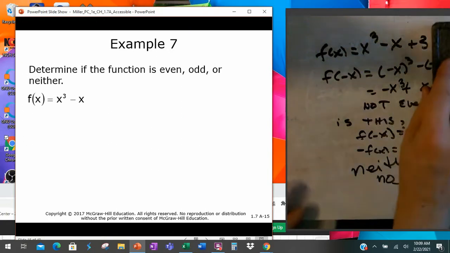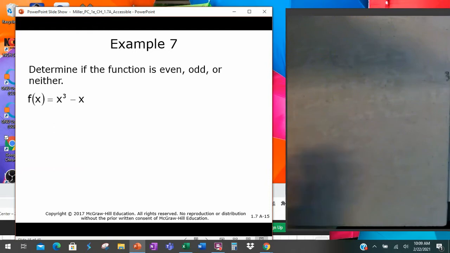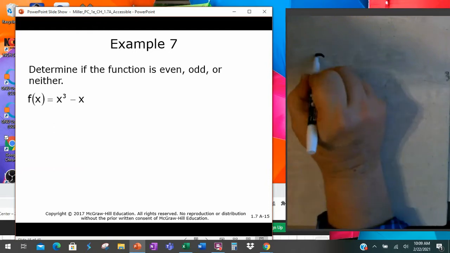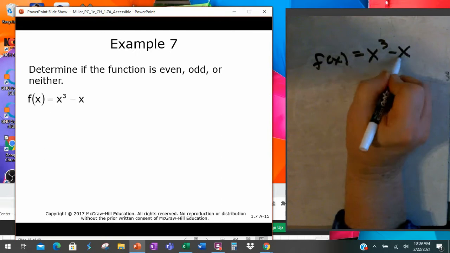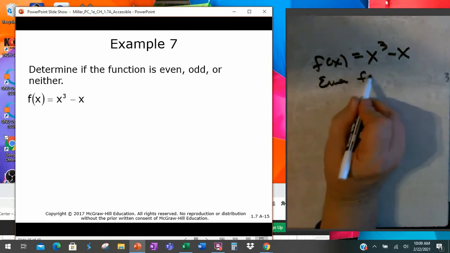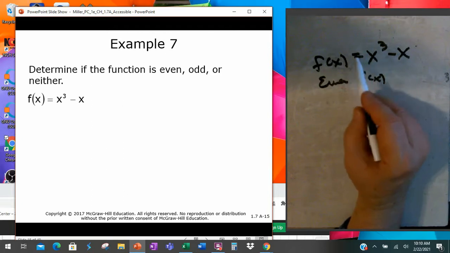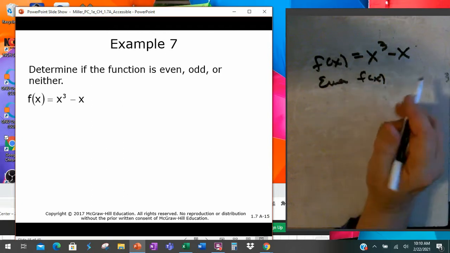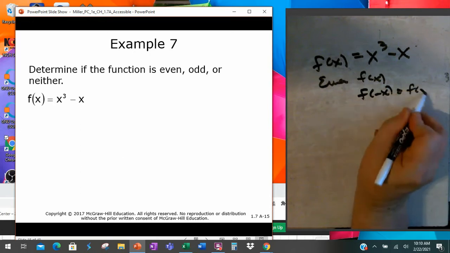So now here's the very same thing, but I do not have the 3. So I've got f of x equals x cubed minus x. I want to check for even function, and it's not going to be even. The only way this works out is if all of these were even powers, so all of the negative x's would be turned to pluses, and f of negative x is equal to the very same thing.